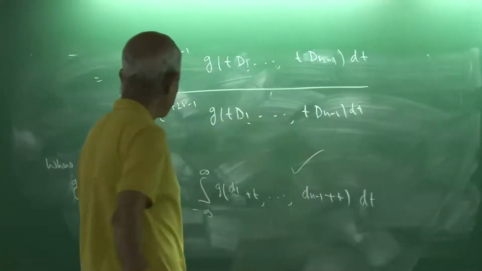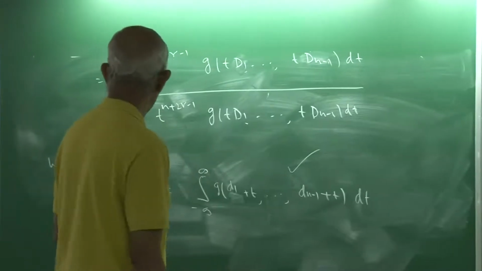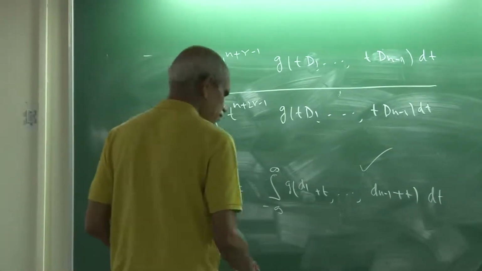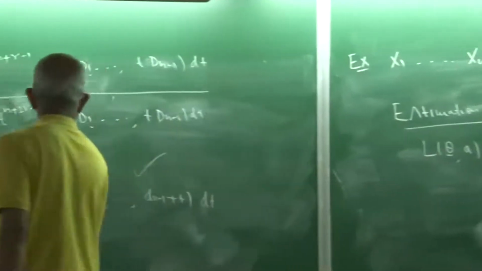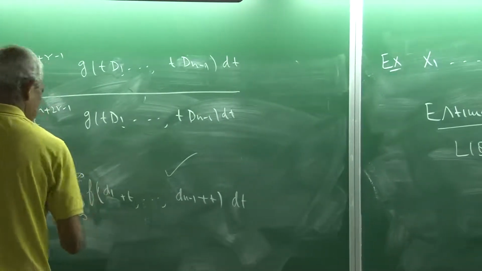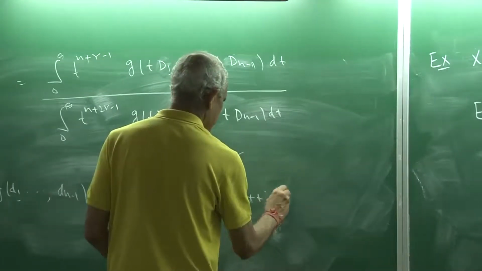So, one way is I apply this formula, which is going to be slightly complicated, because first I have to get, sorry, I made a mistake over here. This would not be the same d. This is coming from f, right? If you recall, this is f of the original f, d1 plus dt, ..., dn minus 1 plus t, and t dt. Right?